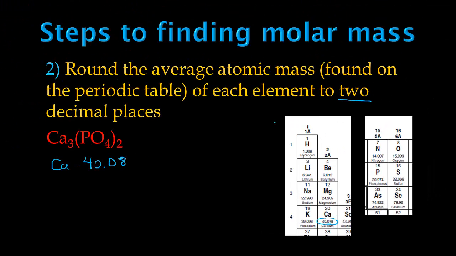Now the units here, there are 2 types of units we can use. We can either use grams per mole, so it's 40.08 grams per mole of calcium, or we can use AMUs, which is atomic mass units. I prefer to use grams per mole, so that's what I'm going to do.